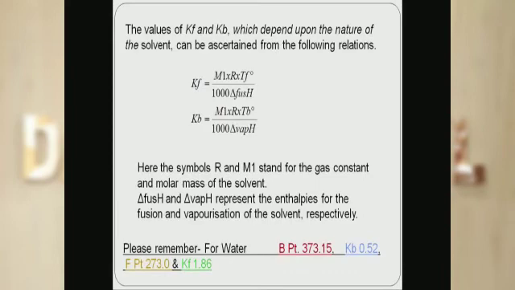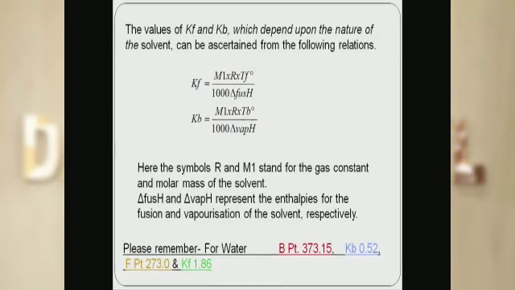The values of Kf and Kb depend upon the nature of the solvent. They can be calculated from the formulas given on the screen. Here capital M1 is the molar mass of the solvent, R is the gas constant, and delta H fusion means enthalpy of fusion, delta H vaporization means enthalpy of vaporization.